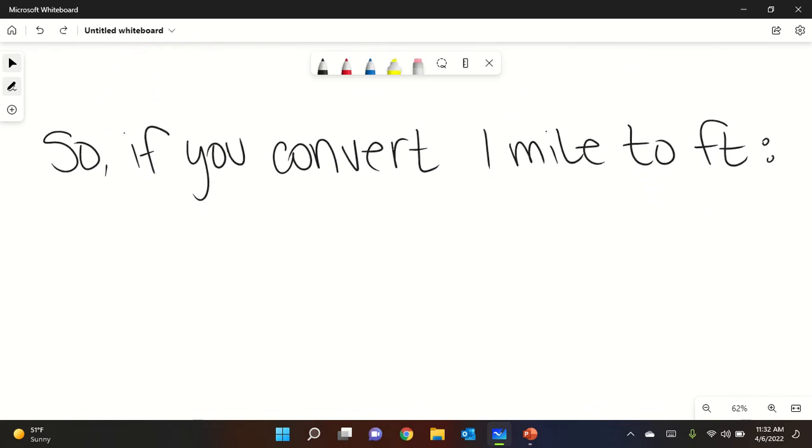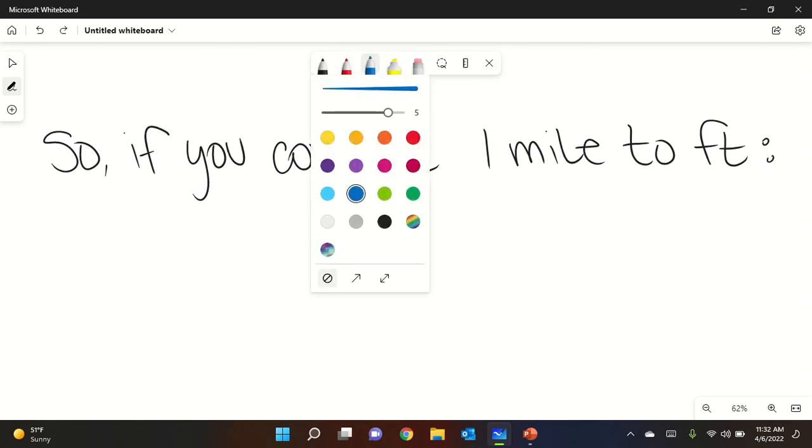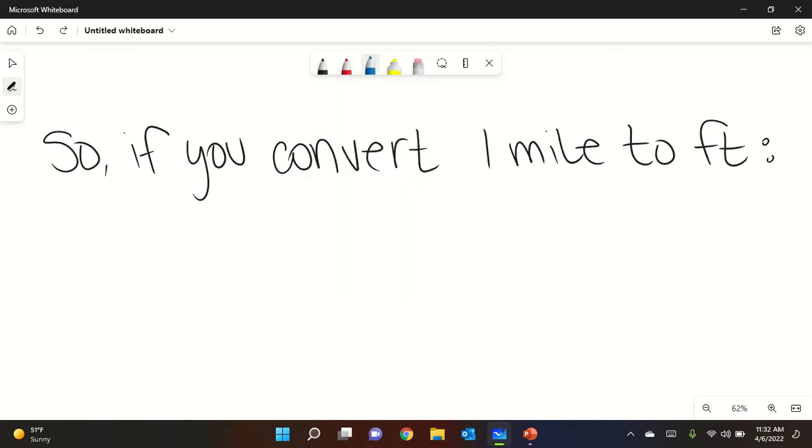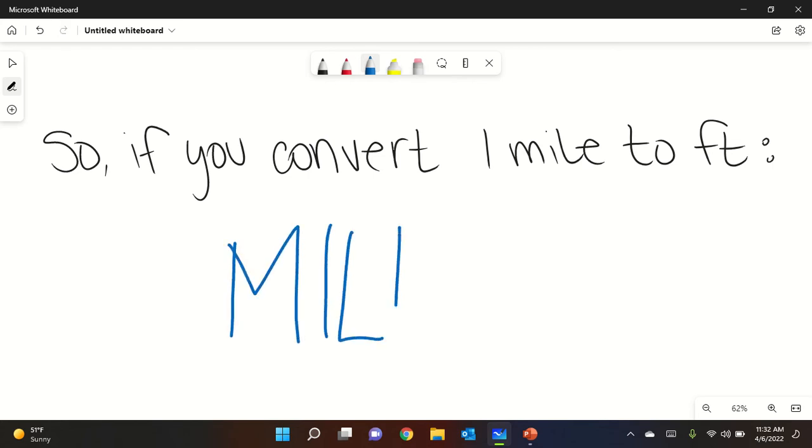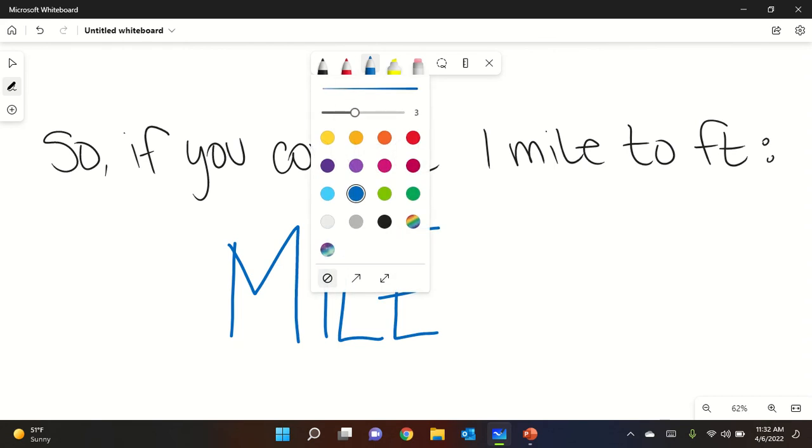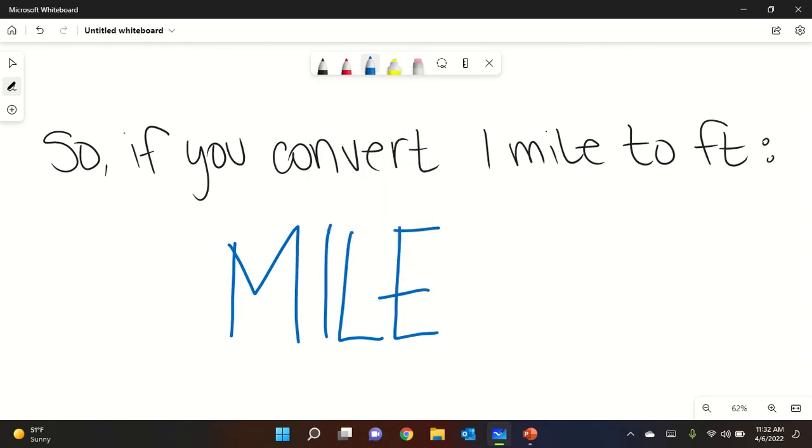So we can see an example of this. If you convert 1 mile to feet, we know that a mile is a larger unit than a foot. So the question is, is 1 going to get larger or is it going to get smaller?